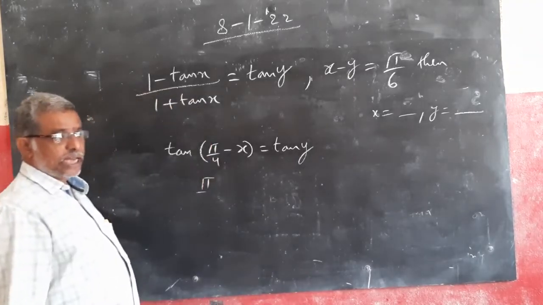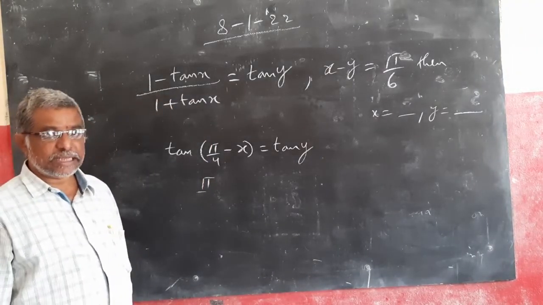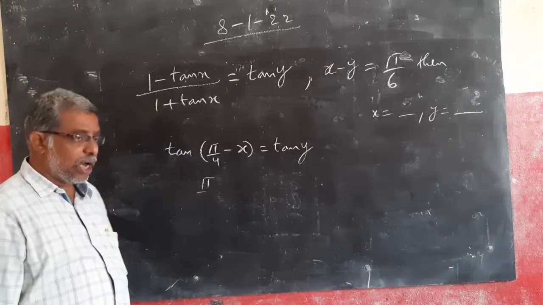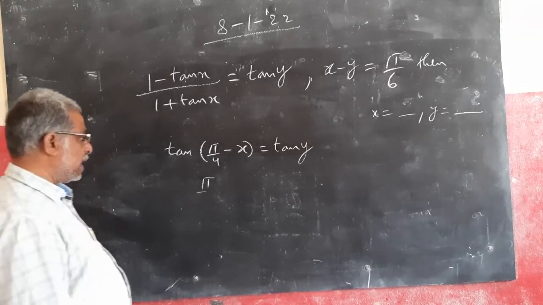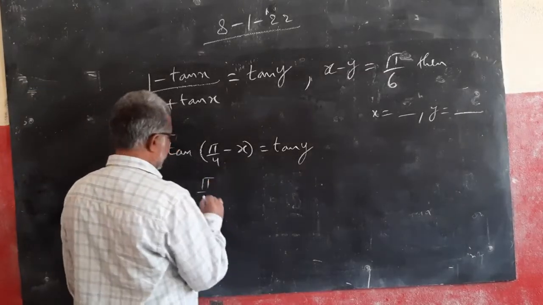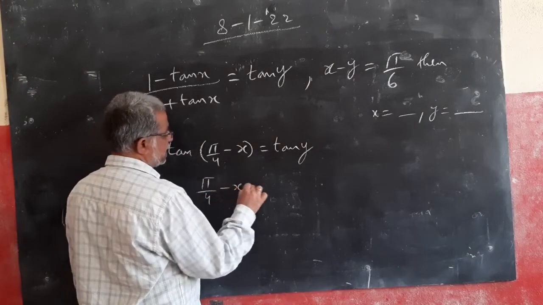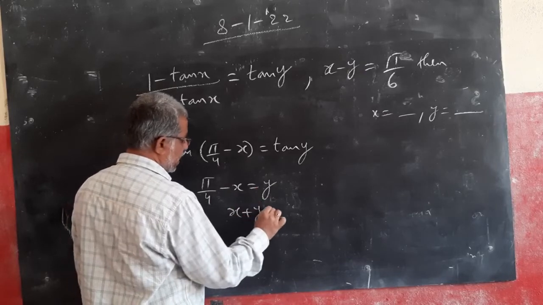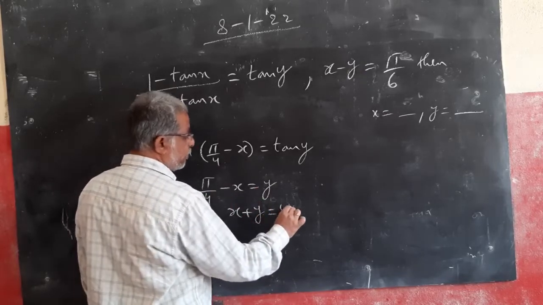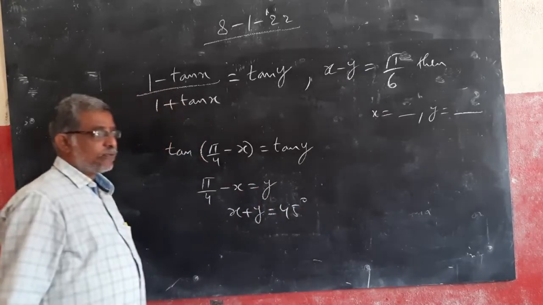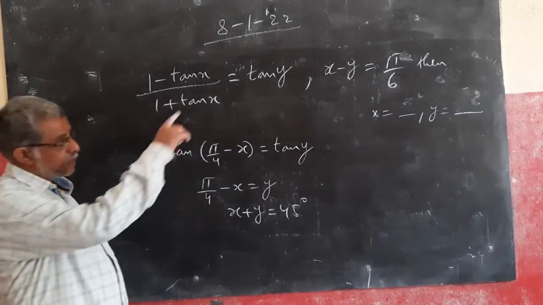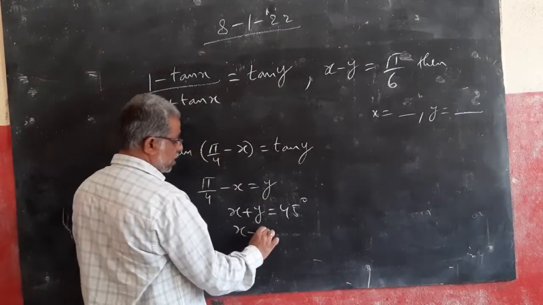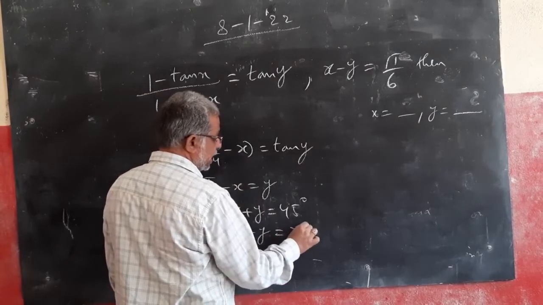So equating on both sides, tan a equal to tan b means a equal to n pi plus alpha, but here we need only acute angles, so I am equating the angles directly. Pi by 4 minus x equal to y, so minus x to that side becomes x plus y equal to pi by 4. Pi by 4 means 45 degrees, I am writing, and x minus y is given as pi by 6, that is 30 degrees.